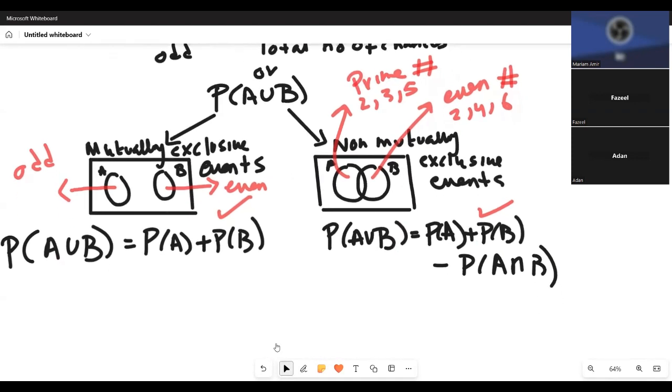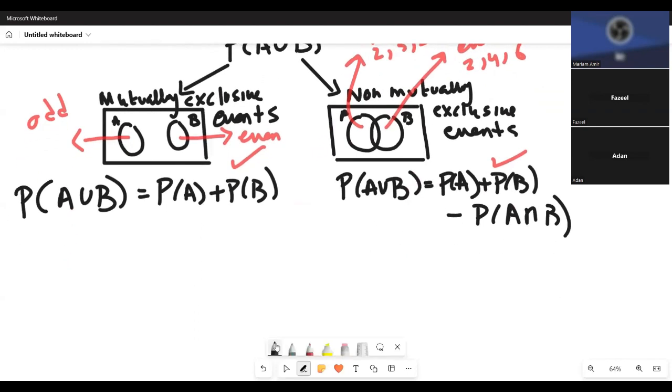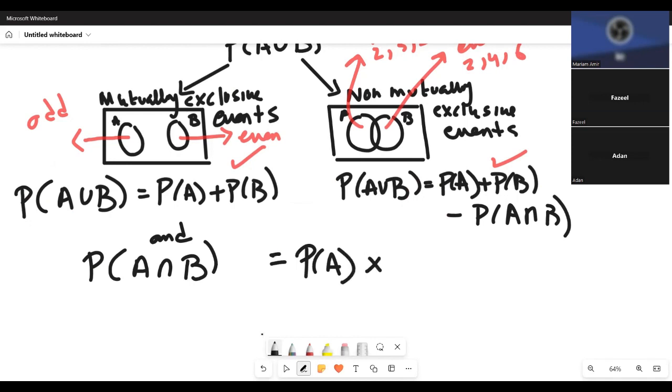Now we're discussing P, A intersection B. Probability of A intersection B, and this intersection means and. Now this is equal to probability of A times probability of B.